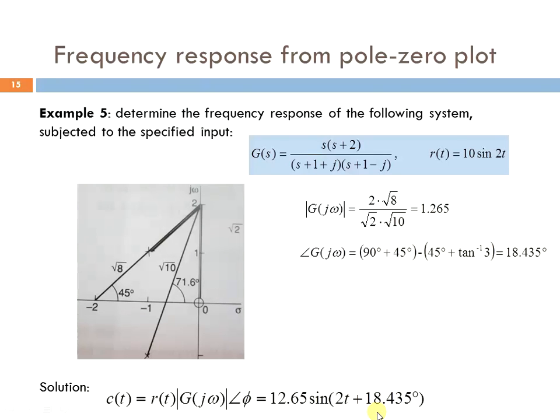It's got a phase lead of 18.435, and its frequency, as we expect, is the same as that of the input. So we can say that this system amplifies the input, and it causes the output to lead the input, or the input to lag behind the output.